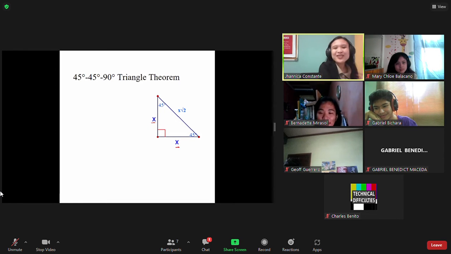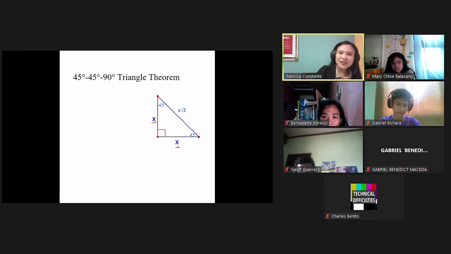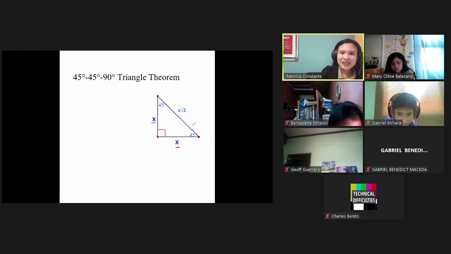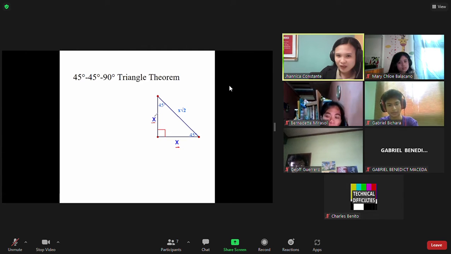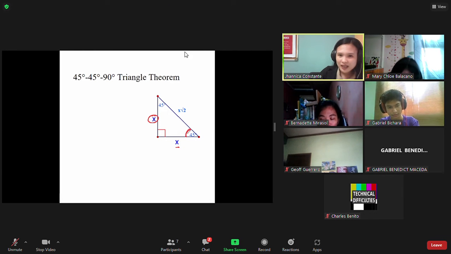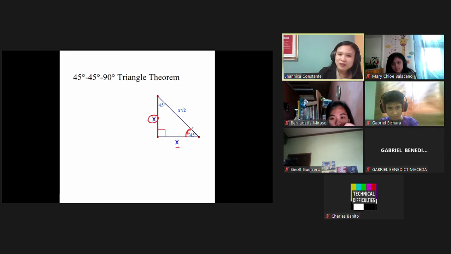Okay, let's say we're going to solve for the value of x, or the exact measurement of the side, since we have x, x, and x square root of 2. Say we're going to solve for the measurement of x, this one, using the angle, let's say this is angle B. So angle B has a measurement of 45 degrees, and we're going to solve for x.